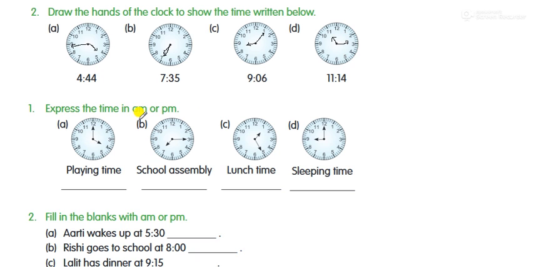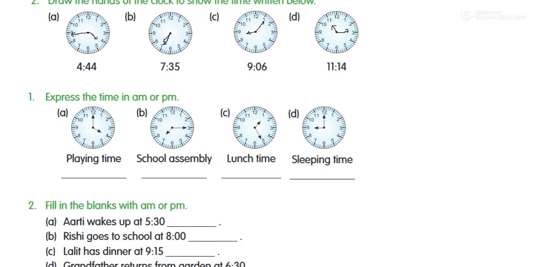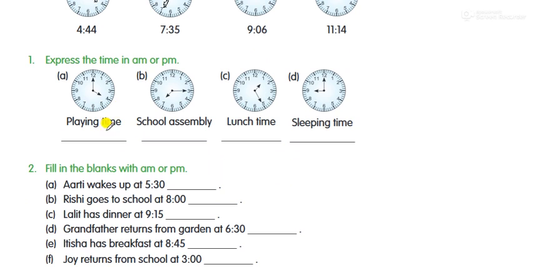Express the time in AM or PM. Playing time, it's PM. It's 4 o'clock in the evening. Evening means PM. Next, school assembly. The school assembly is at 7:15, so it's AM.